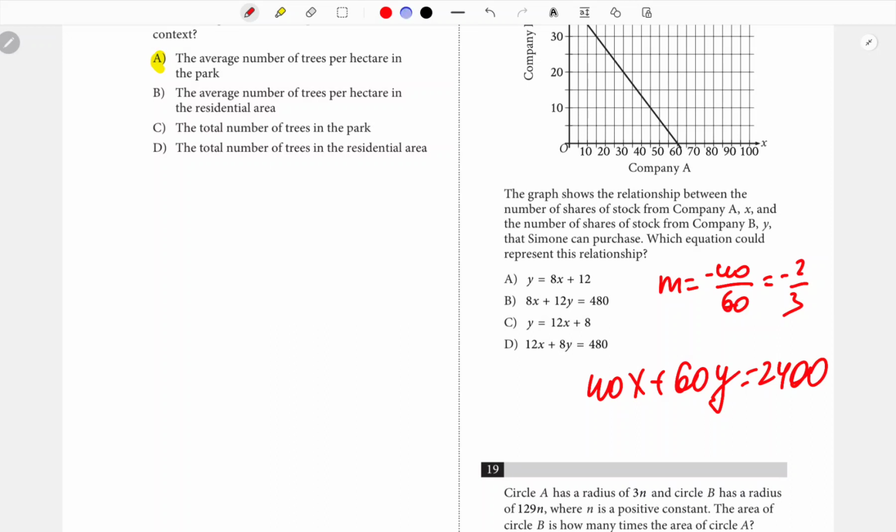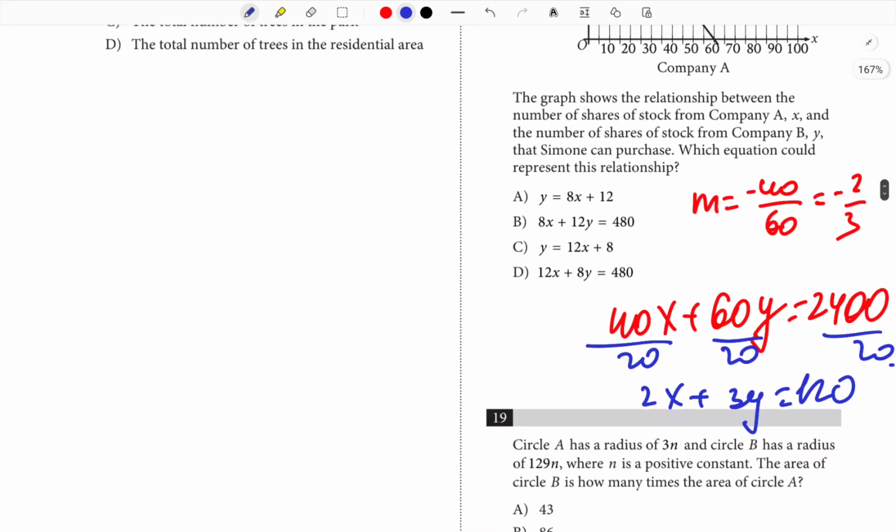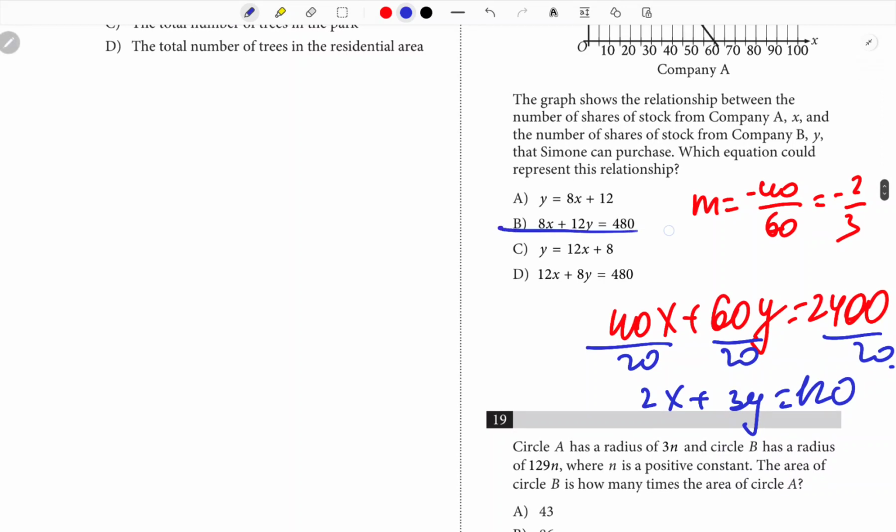I simplify this equation. On every side I divide by 20, and 2x plus 3y is equal to like this. And I only see a different answer.